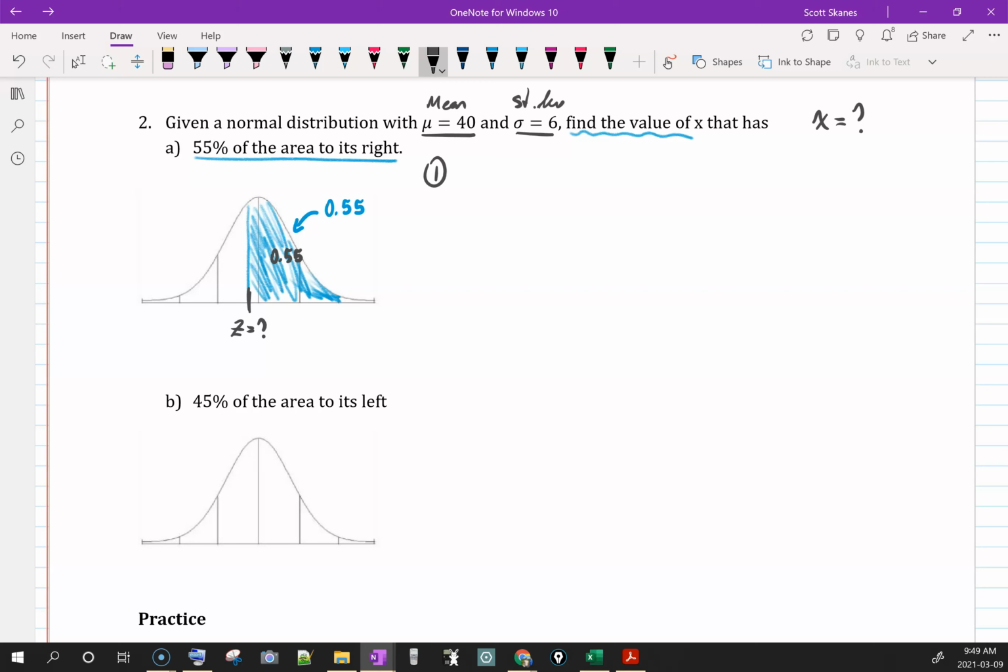So there's a two-step process for these questions. First things first is get the z-score using the probability. You can use the table for it. You can take this value, subtract it from 1, go find that probability in the table, and give me the z value. I'm going to allow you to use the calculator, okay?